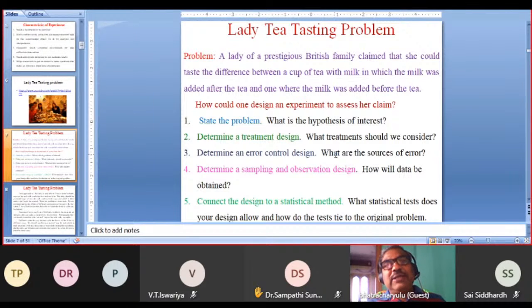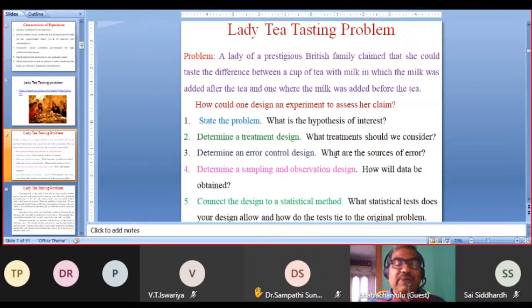This problem contains the planning of the experiment, the properties of the experiment, the hypothesis, the uncertainty principle, the concept of probability and the testing process, and it also involves the principles of experimental design. So this is the total organization for design and analysis of experiments.